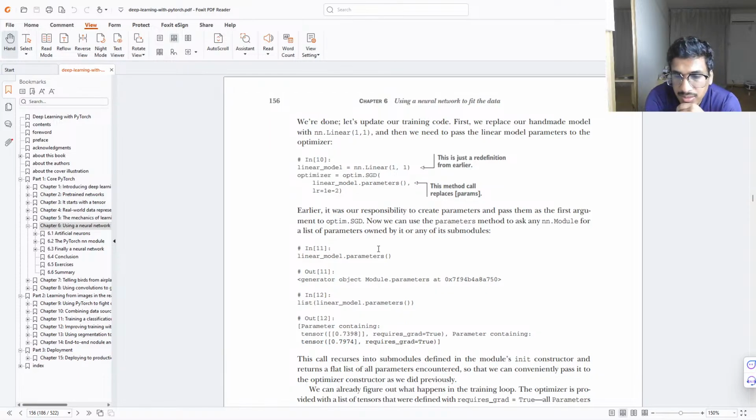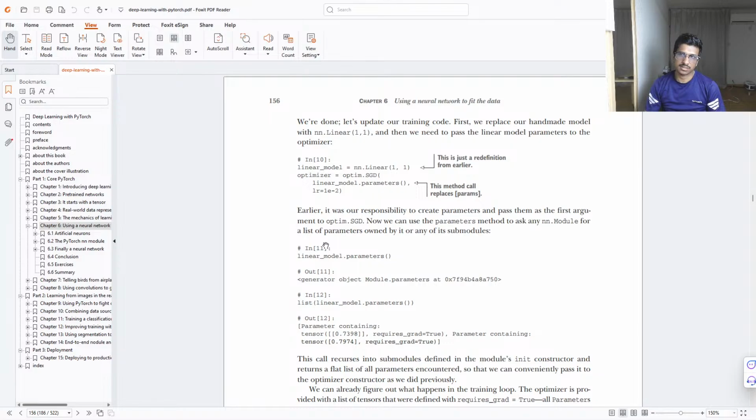Earlier, it was our responsibility to create parameters and pass them as the first argument to the optim.SGD gradient descent algorithm. Now we can use the parameters method to ask the nn.Module for the list of parameters owned by it and any of its submodules.